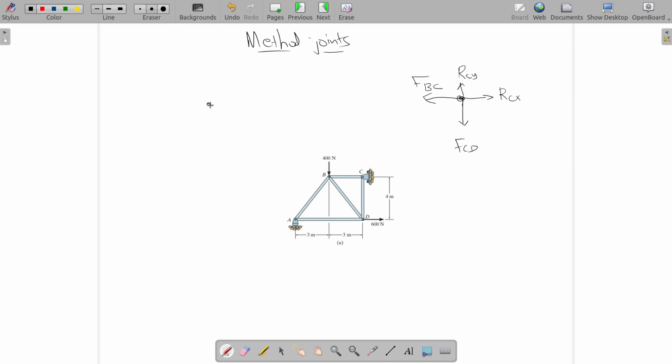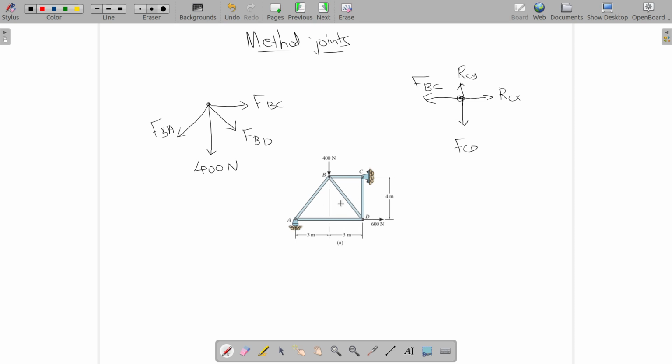Now consider joint B. You have FBA, FBD and FBC. You also have an external force which is 400 Newton downwards. And what are these angles? That is something you can find out from here. So this is 3 meter, this is 3 meter, and this is 4 meter.